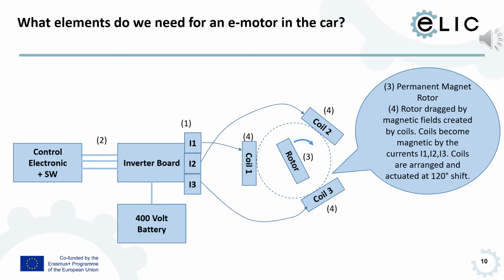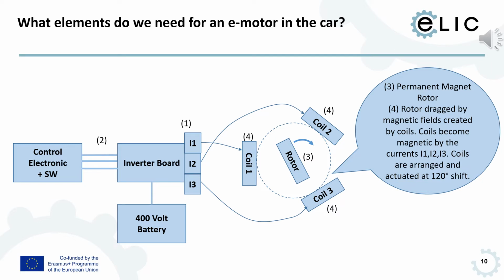So when we actuate coil 1, it drags the rotor towards I1. When we actuate I2, the current is put on coil 2, and coil 2 creates a magnetic field that drags the rotor in direction to coil 2.